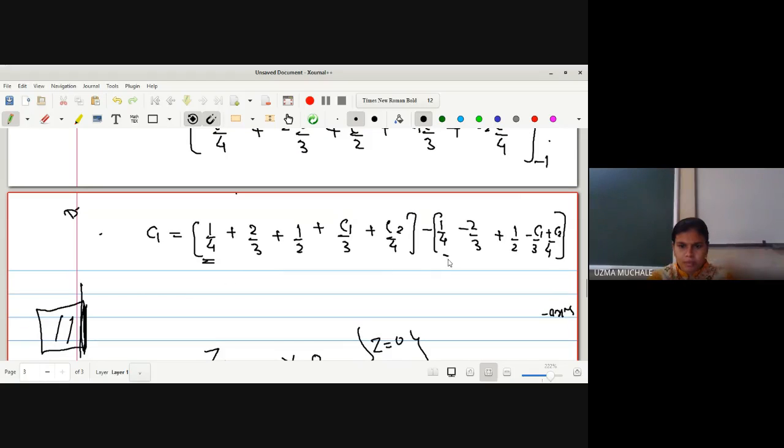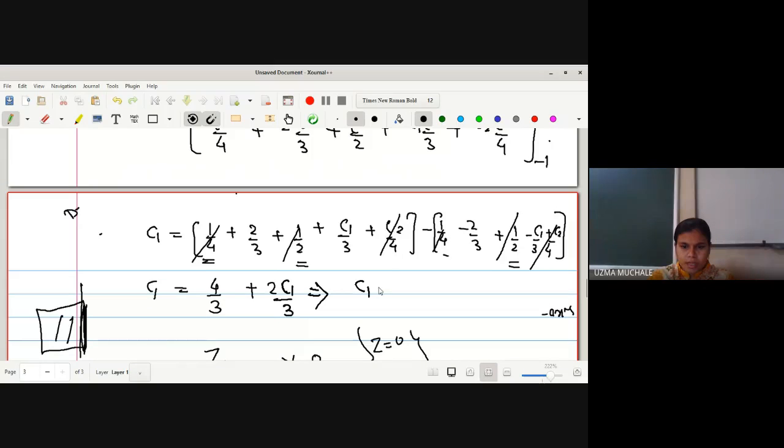Now which terms will cancel? 1 by 4 will get cancelled. Plus 1 by 2 minus 1 by 2 will get cancelled. Similarly the c2 upon 4 terms cancel. What remains? c1 is equal to 2 by 3 plus 2 by 3, that is 4 by 3, plus c1 by 3 plus c1 by 3, that will be 2 c1 by 3.